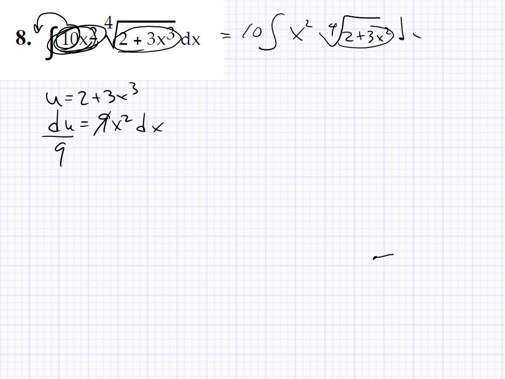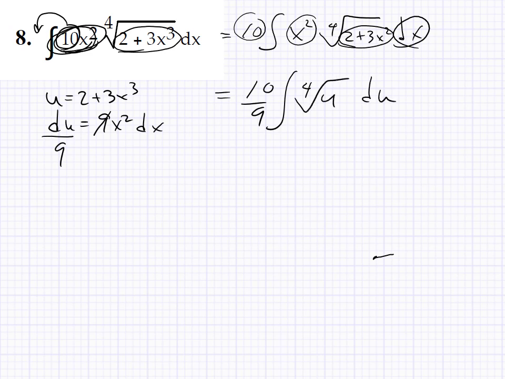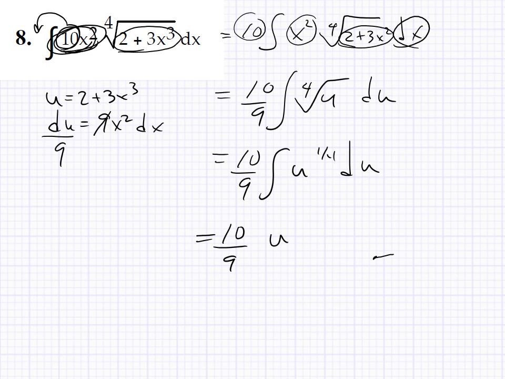So if this is my u, x squared dx is going to be my du over 9, and this 10 is just sitting there, so I get 10 over 9, 4th root of u du. Now 4th root is 1/4 power, so I'll write that as u to the 1/4 power du. And then I can just use power rule, so I get 10 over 9, u to the 5/4 divided by 5/4.